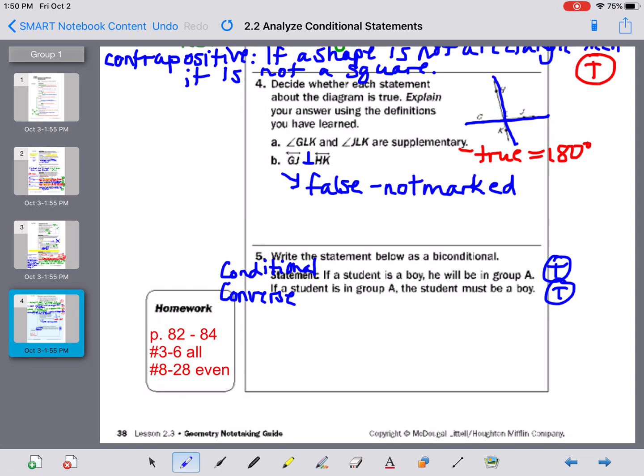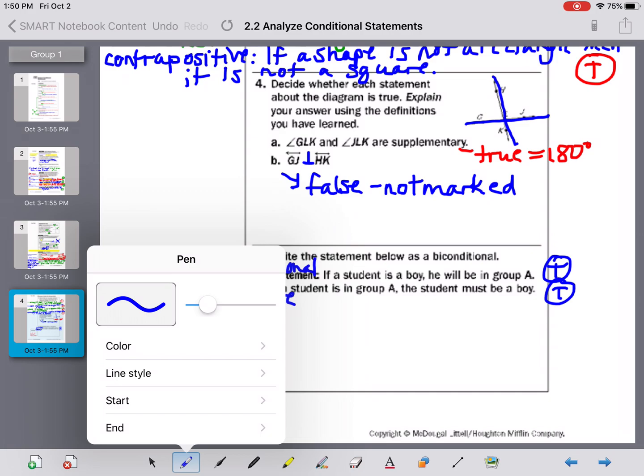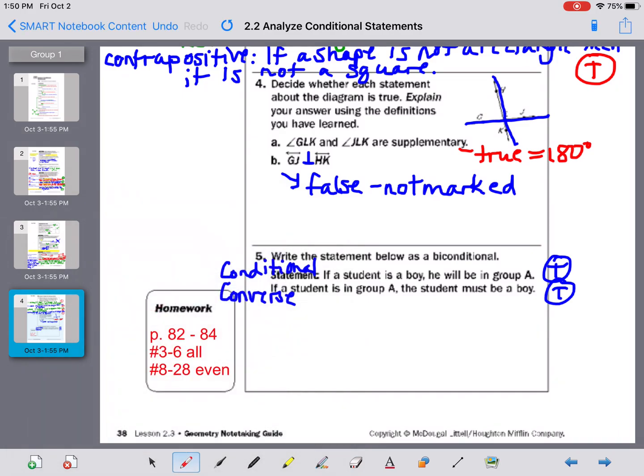So writing the biconditional, you're going to take your converse, right? You're going to take that second one. We're going to get rid of the if, and the then would be right there, okay? And that's where we're going to put our if and only if.